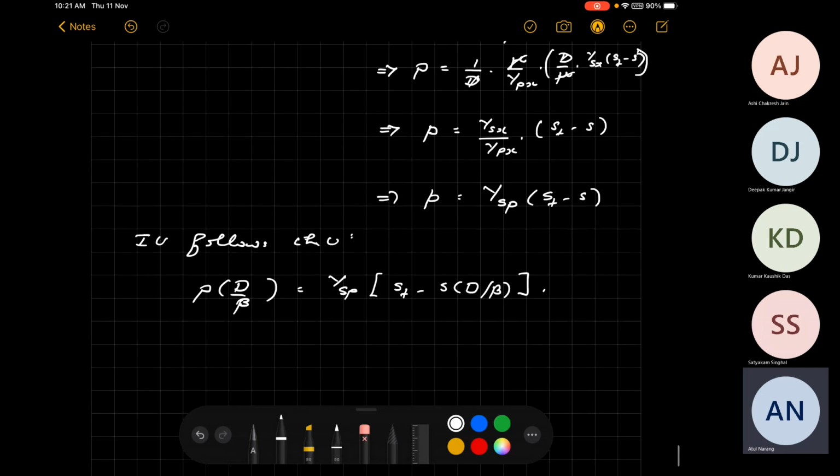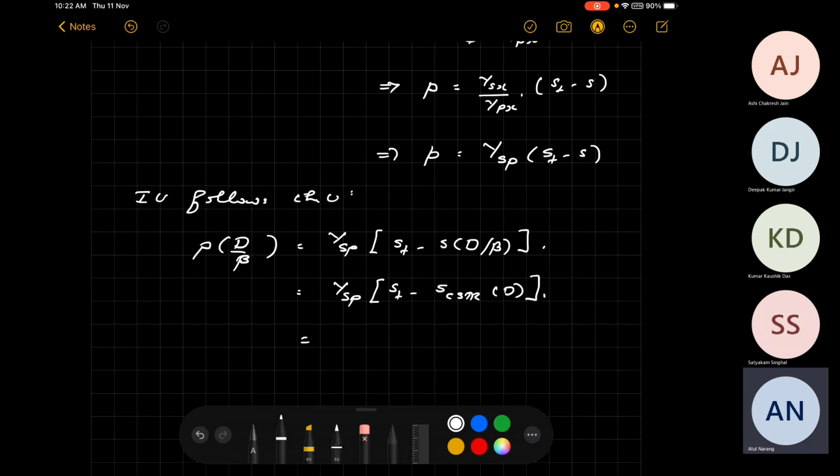Again, we are trying to find out the relationship between the product concentration in a recycle reactor and that in a CSTR. So that is equal to Y_SP multiplied by (S_F minus S). What you see at D over beta in a recycle reactor is the one that you see in a CSTR at D. And this is exactly the product concentration that you would get in a CSTR at D.